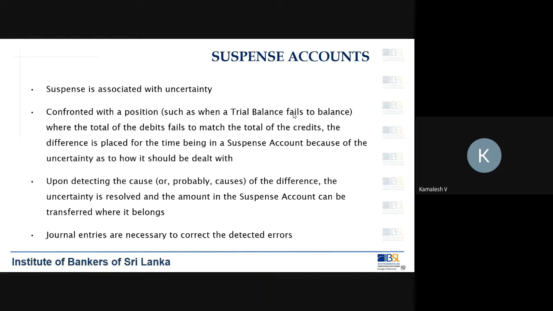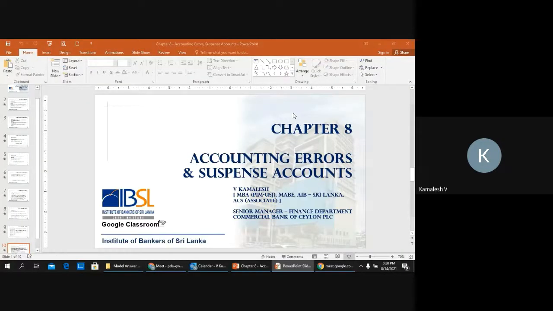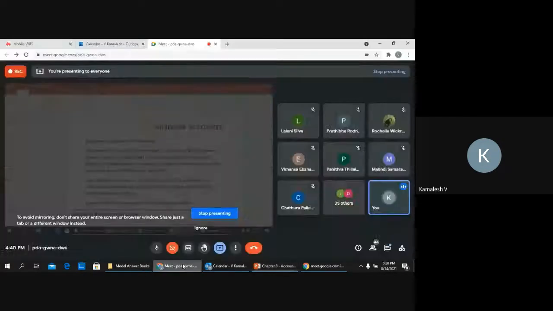So when you complete all the transactions that you have discovered to rectify the error, the suspense account balance becomes zero. That is where you need to understand. So you can create a suspense account to balance a trial balance, but end of the day, it has to be zero. Right. So that brings us to the end of suspense account.